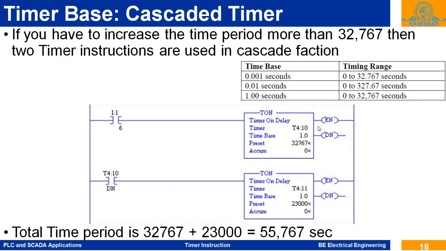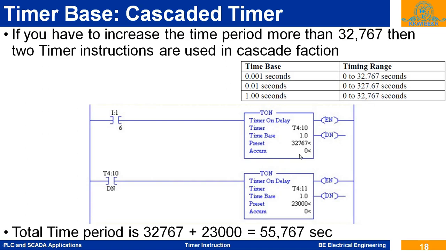So how will it operate? When this input instruction is true, on the left side of this timer T410, this instruction is true, the enable bit is true, and the accumulator starts incrementing. So it will go up to 32767.